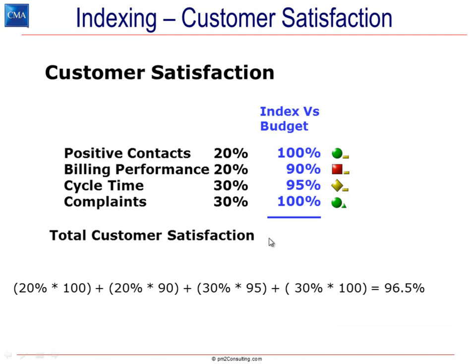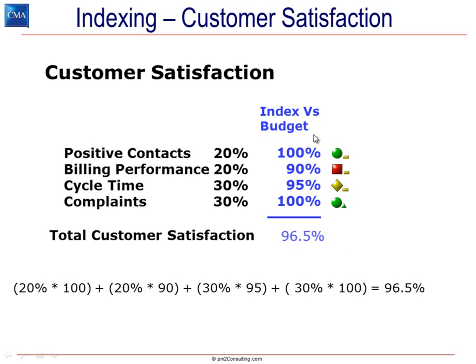Overall, to figure out the customer satisfaction index, we'd take 20% times 100, plus 20% times 100, plus 20% times 90, plus 20% times 90, plus 30 times 95, and 30 times 100, which gives us an overall index performance of 96.5.